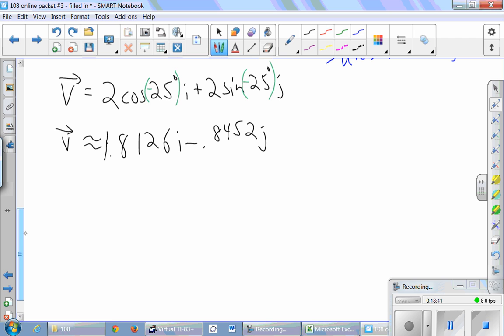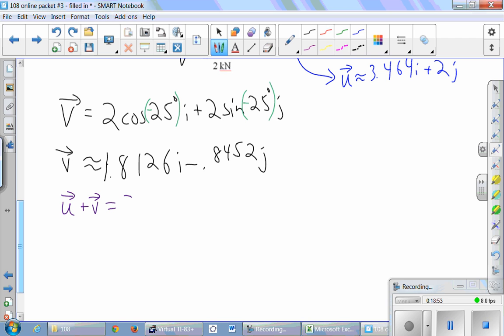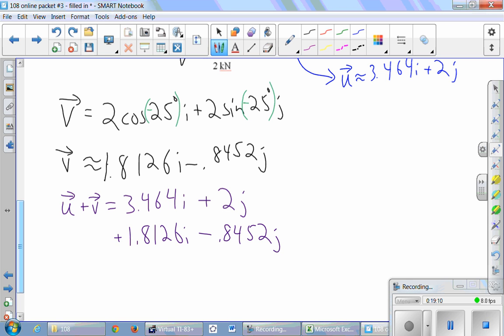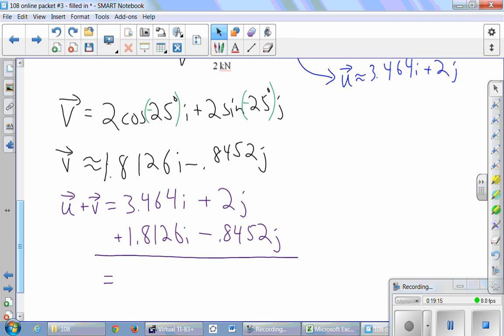Okay, and so if we want the net force, the total force, all we do is add these together. So u plus v. We're just going to copy these two things on the same line: 3.464i plus 2j, and then I'll put the v part right below it, 1.8126i minus 0.8452j. Then we just total these up, and whatever we get will be our answer.